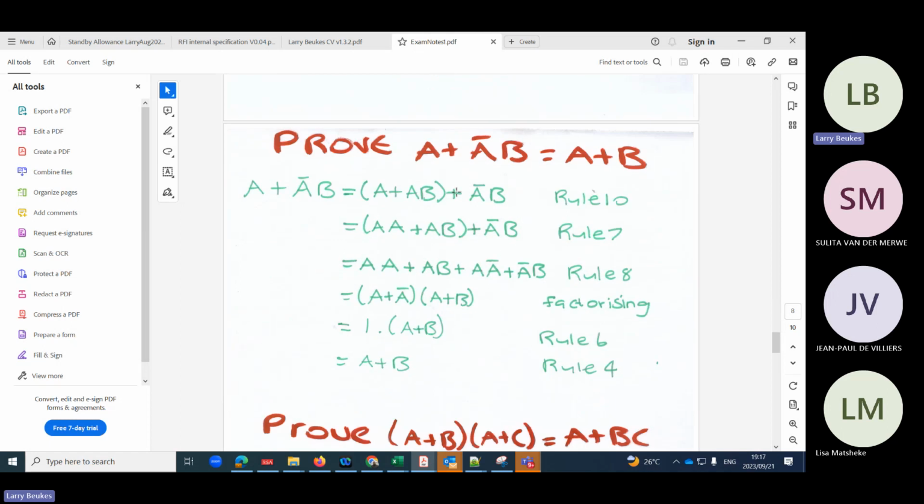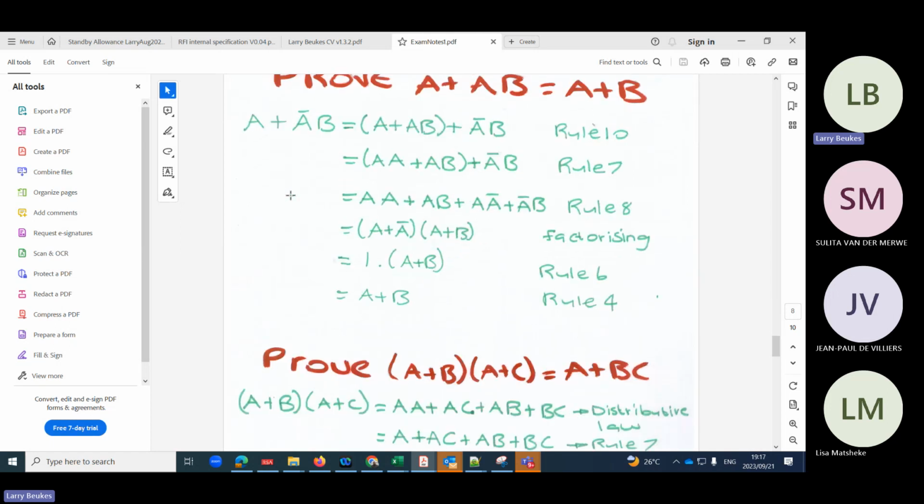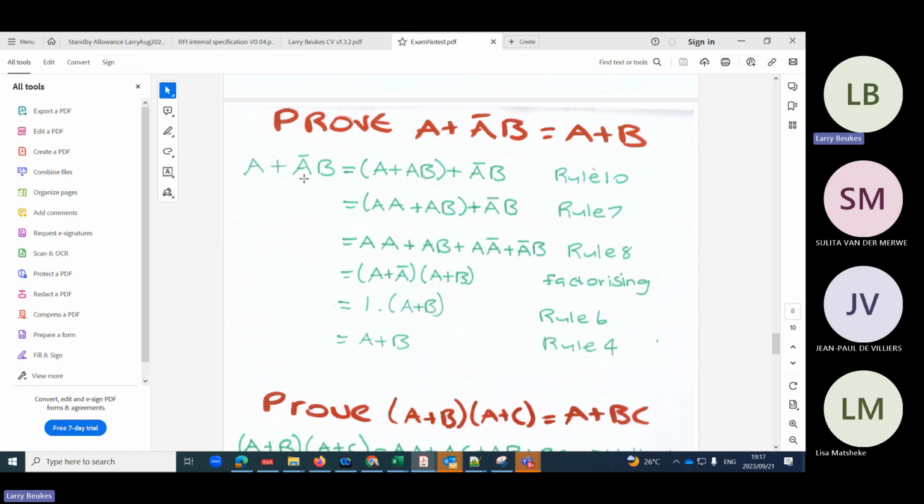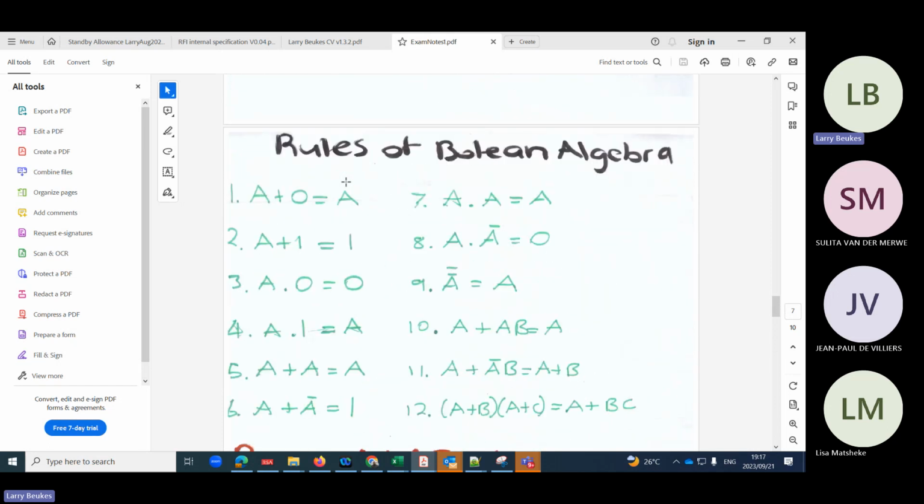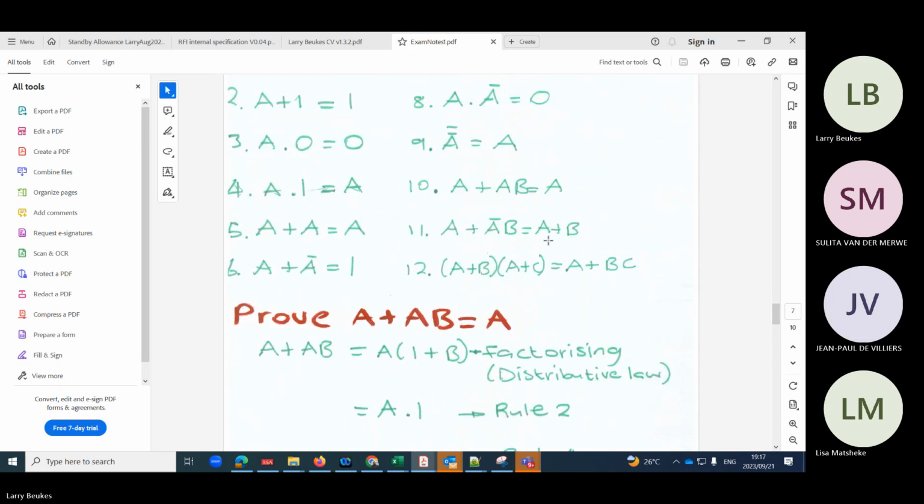Let's see what else is there. Okay, another interesting one is this one. Let's see here just to save time. So here we had A plus AB. What did they do here? A plus AB. Okay, now let's leave this one. Not A, not B. So they took it from this one. And they took it from this one.